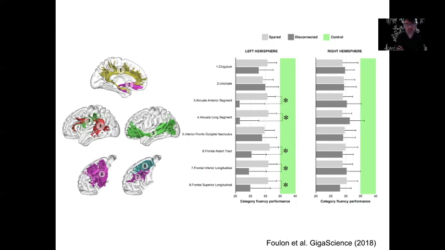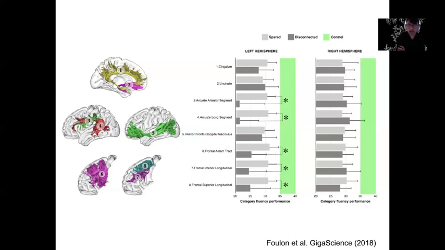And that is really important because that shows that you have some specialization of specific tracts in the left hemisphere that are showing a relationship with a decrease of category fluency performance when they are disconnected.